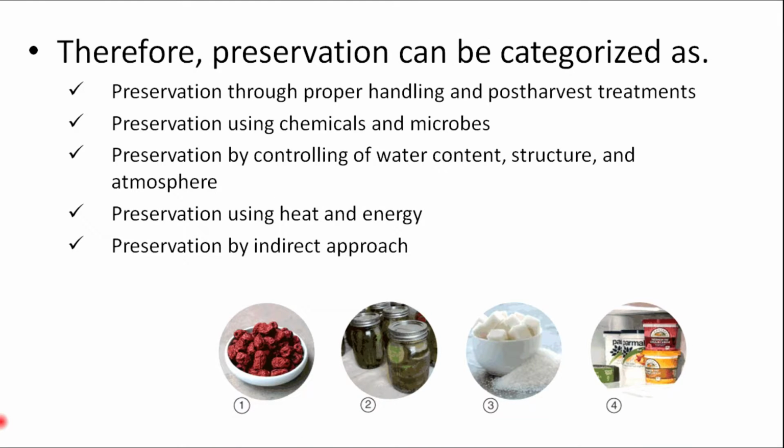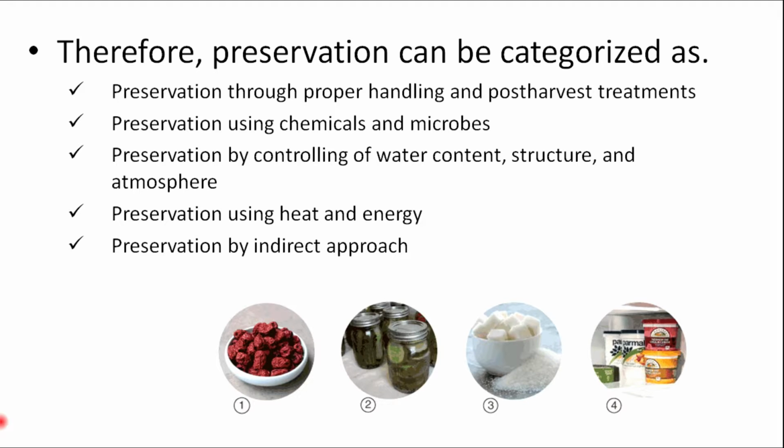Therefore, preservation can be categorized into 5 groups as below. We can preserve food during the harvesting by proper handling of the produce. Then we can do immediate post-harvest treatment to reduce the food deterioration.